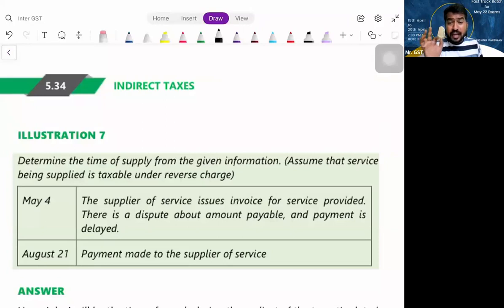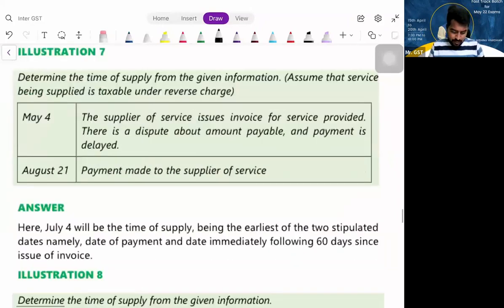Exclude. What is the 61st day? July 4th. Just because July 7th is MSD's birthday, you cannot take July 7th. It is July 4th. Shall we proceed? So the answer is July 4th.